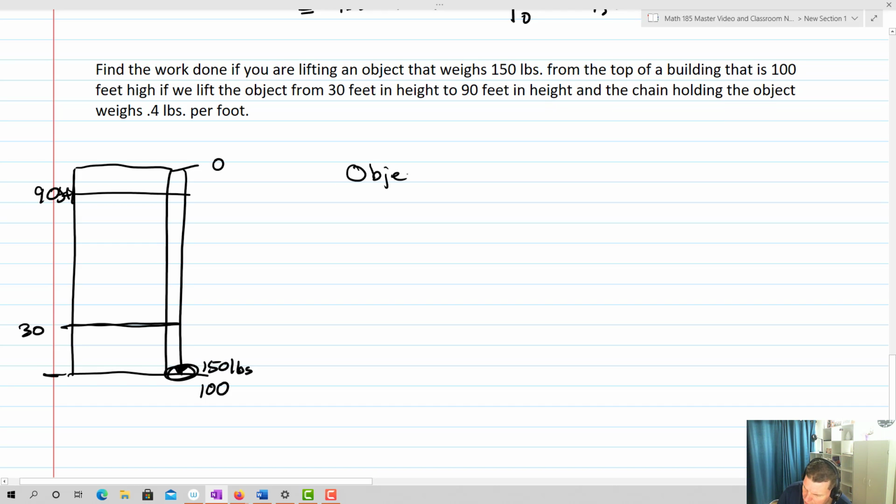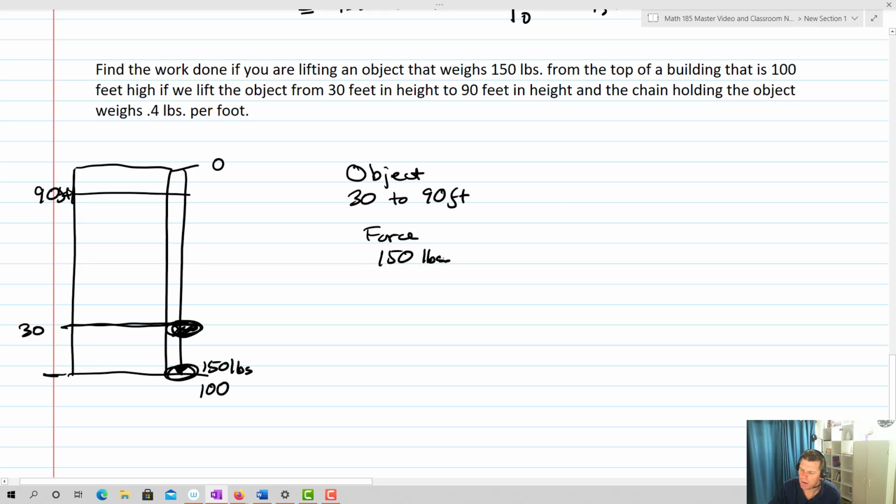The object is going to travel from 30 feet to 90 feet. Once it hits 30 feet, we can even imagine that it's sitting there at 30 instead. It's been lifted up there. It's going to go from 30 to 90 feet, and its force is going to be constant. Its force is 150 pounds.